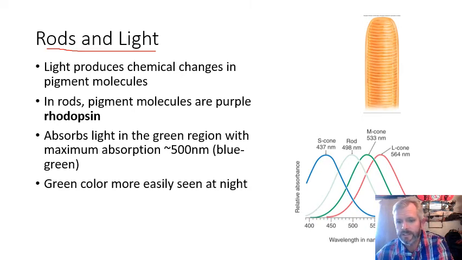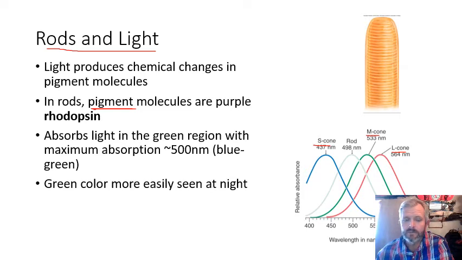You can see the absorbance in the rods. There is the pigment, and the difference between the rod and the different cones is the different pigments used for absorbing the different wavelengths of light.